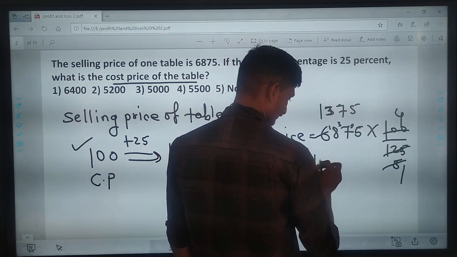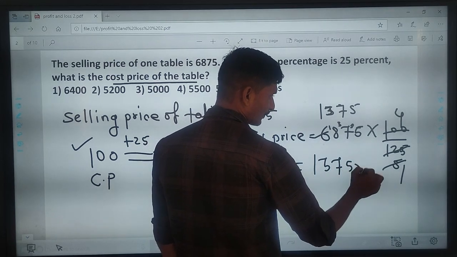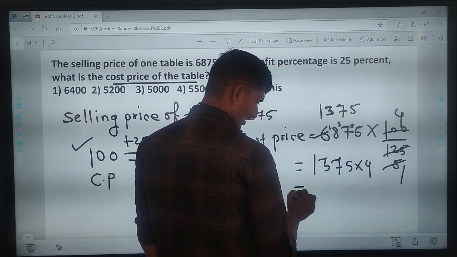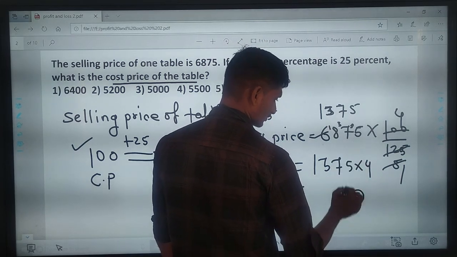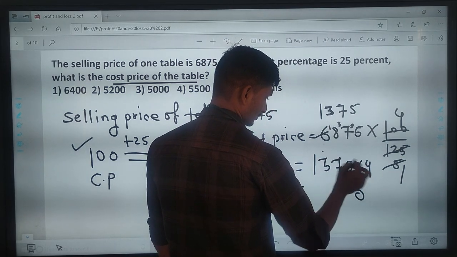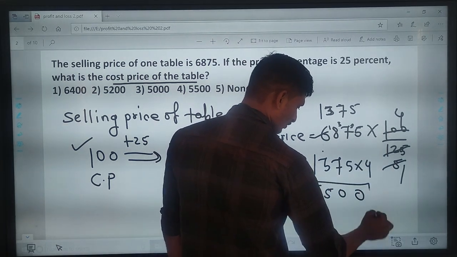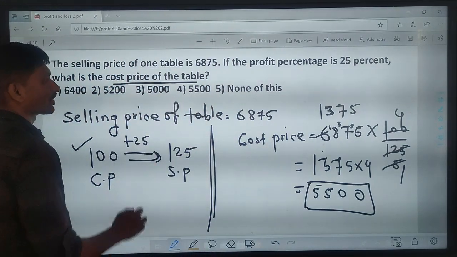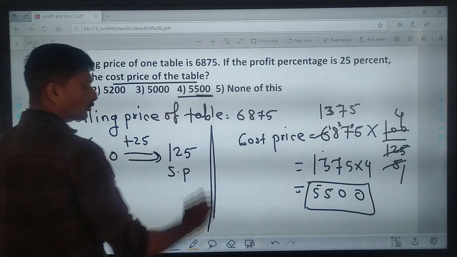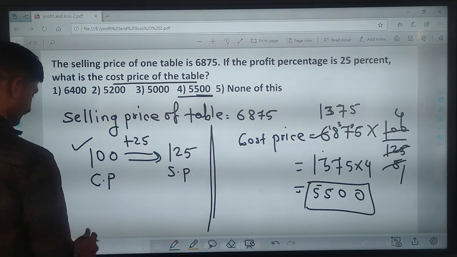Now here remains 1375 multiplied by 4. Now your cost price of the table is 5,500.